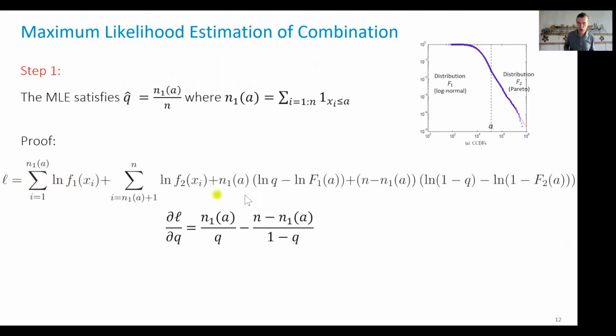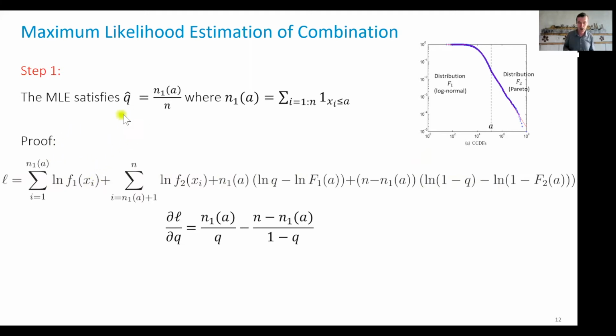Here I'm writing the log likelihood of this big thing. So I'm just writing the PDF. And the PDF is with probability Q given by the first PDF, with probability 1 minus Q by the other one. When we take the log, we have log Q and log 1 minus Q that occur. I have a big expression with lots of complicated stuff, but the complicated stuff are the data points, which in this problem are assumed to be known.